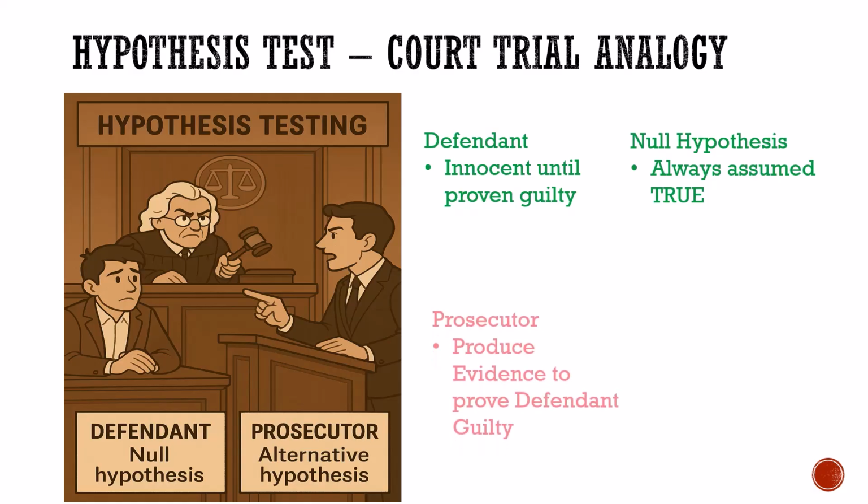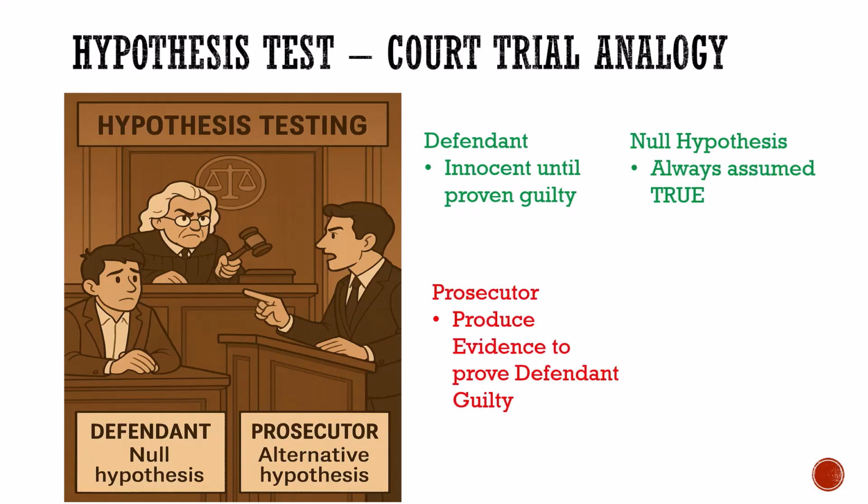And then there is a prosecutor in the court trial system that goes against the defendant and tries to prove the defendant is wrong, is guilty, and therefore should be put away.